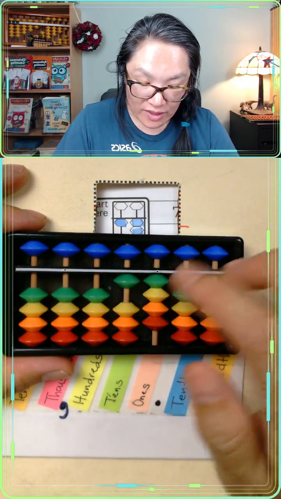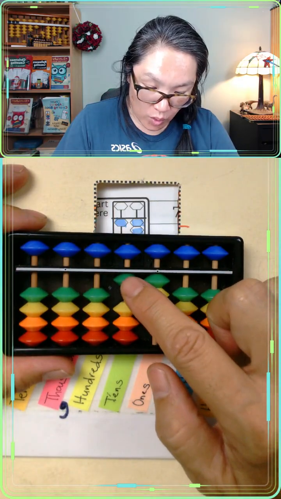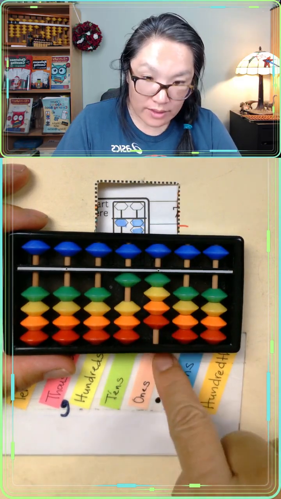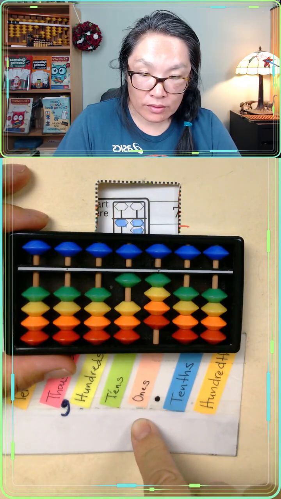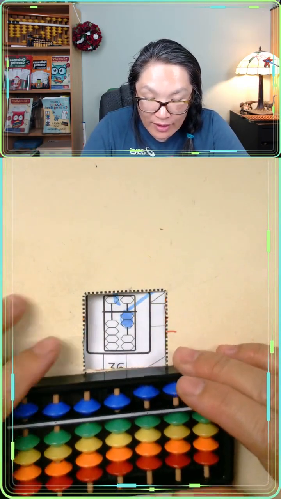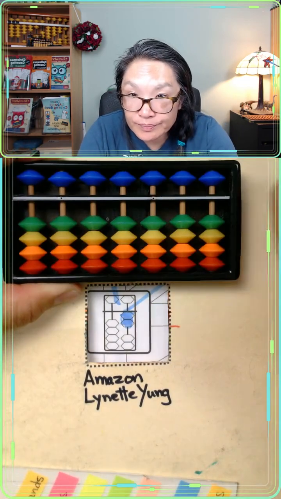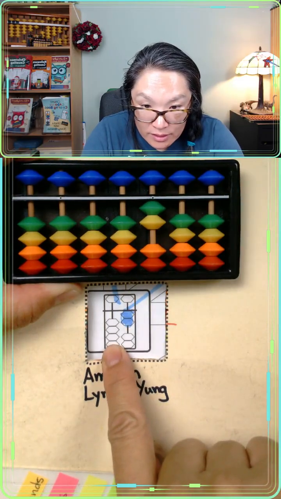So when I do this, there's 1 ten and 4 ones. So when I look at it, 14. Now I have my next number. What is my next number? I have my ones, and then I have my tens.